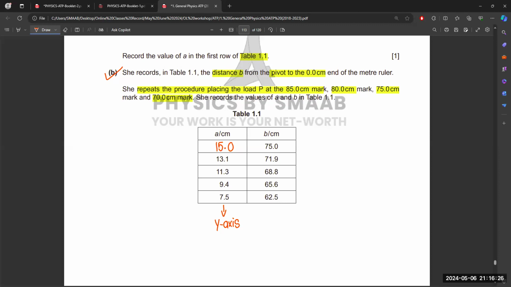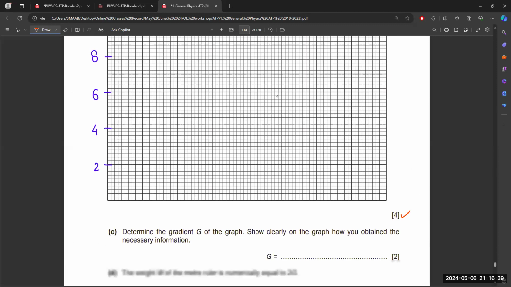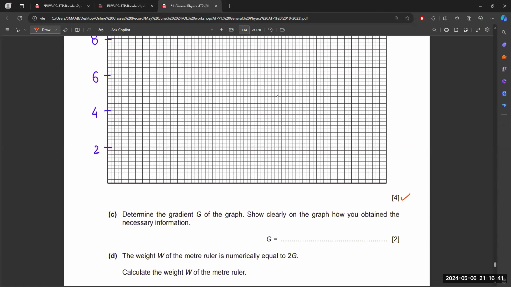Like 60 and 62, 64, 65, whatever value you are taking, because at maximum you have to cover 75 on your graph. Okay, so let's suppose we start on the x-axis, we are marking 62, 64, 66.